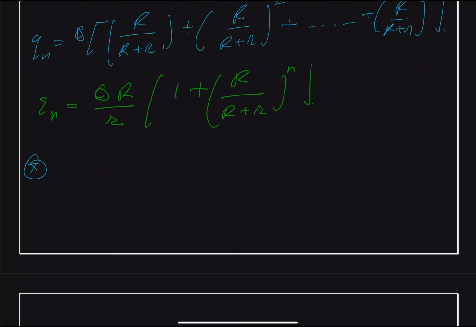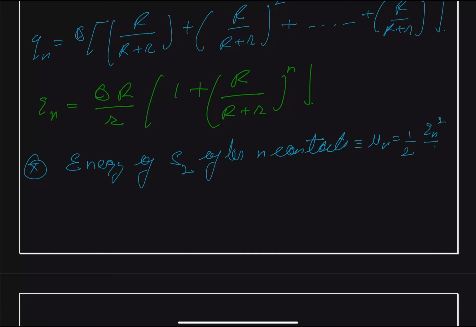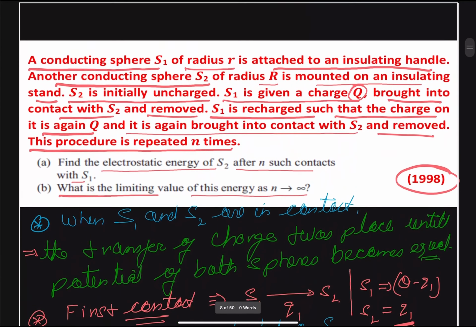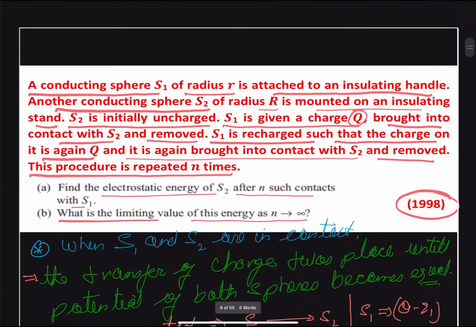You can say that the energy of S2 after n contacts, we can write this as U of n will be equal to 1 by 2 Qn square divided by C, because this is a conducting sphere.